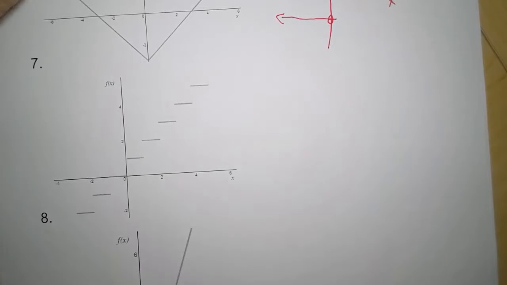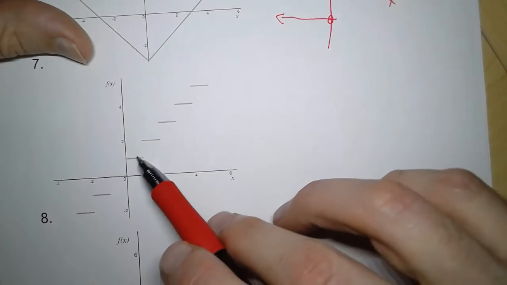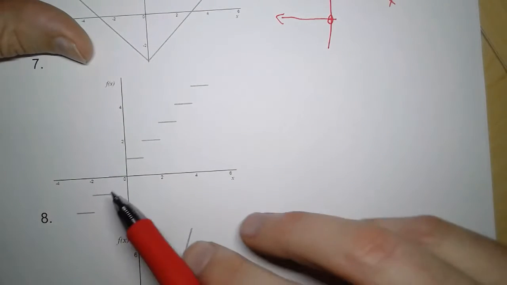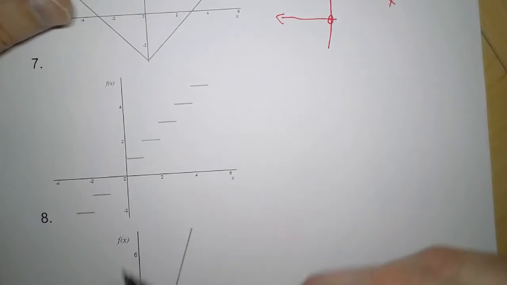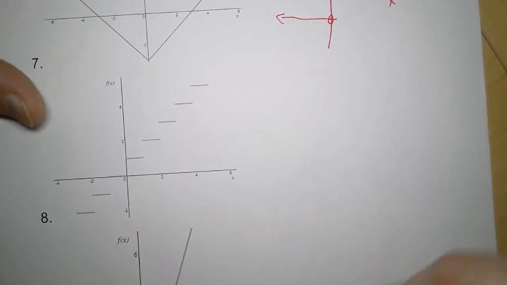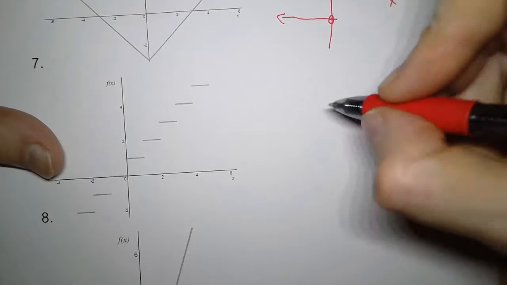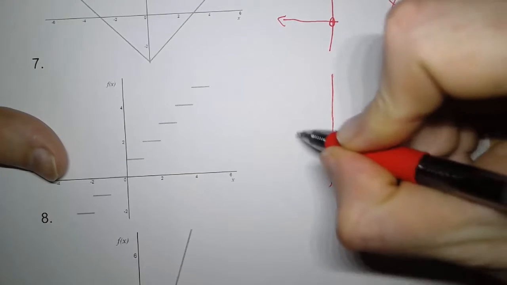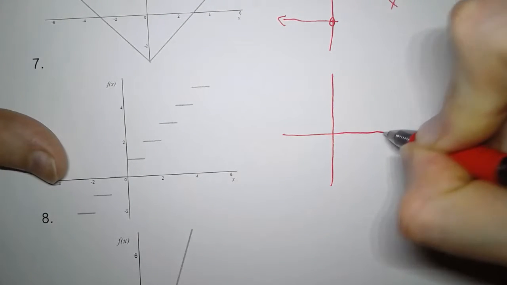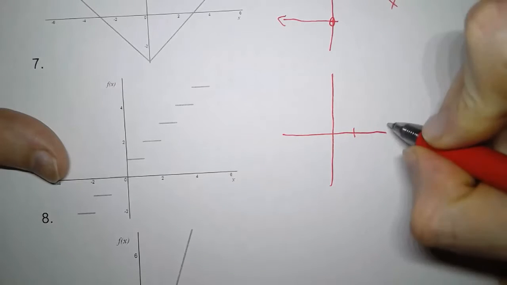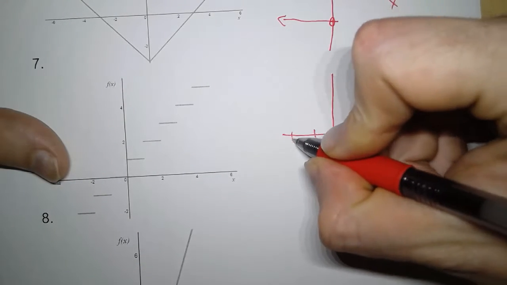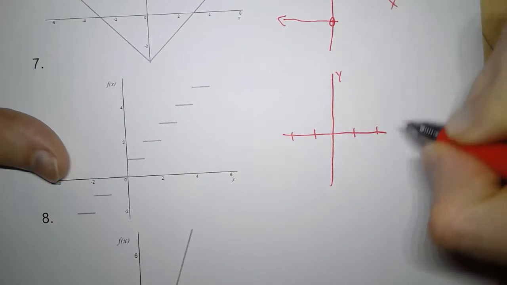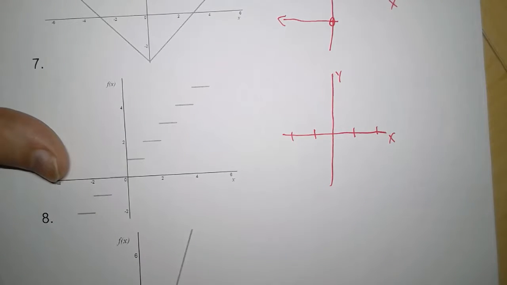Number 8, this is an interesting one. Here we have the stair-step function. And for each piece of it, the slope is 0. It's a horizontal line. It's not rising and it's not falling. And so our derivative graph is going to be interesting, because it's going to be lying completely on the x-axis.